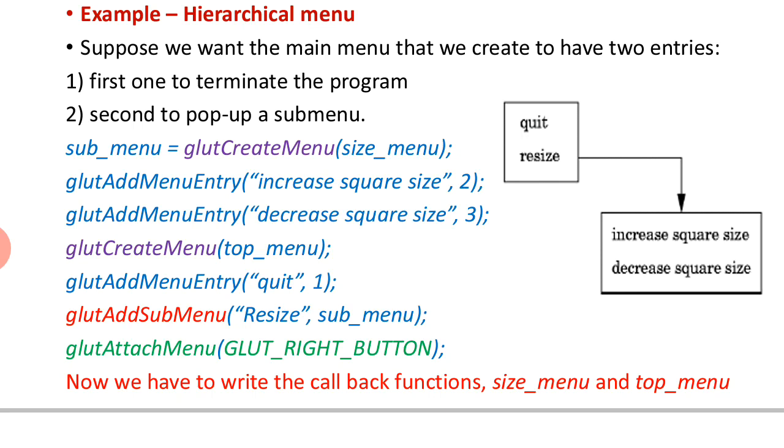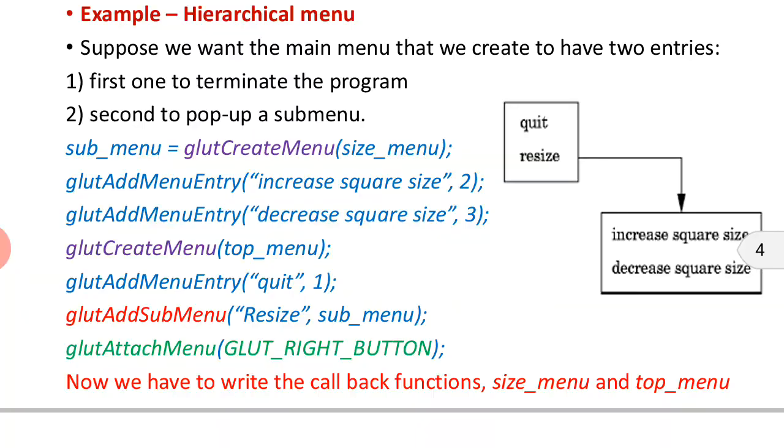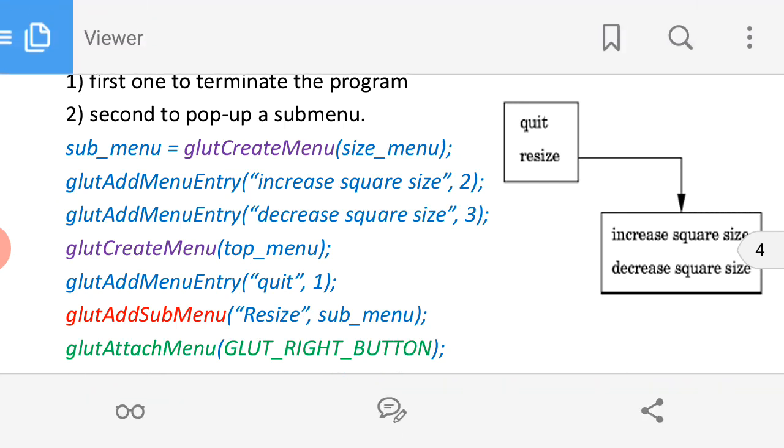Okay, then the callback function has to be written somewhere outside the main function with proper logic. So OpenGL makes a provision for creating a variety of graphics applications with interaction through the menu facility. Okay, please try to remember and practice all these functions by writing your own programs.